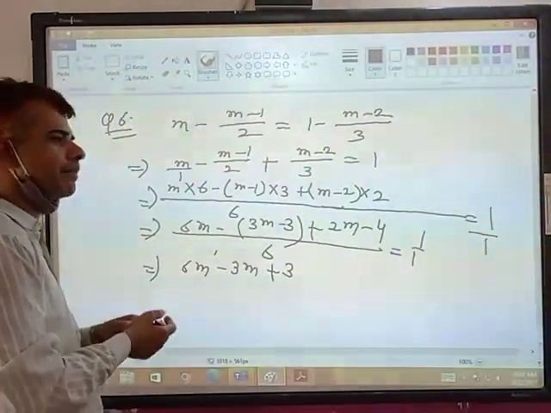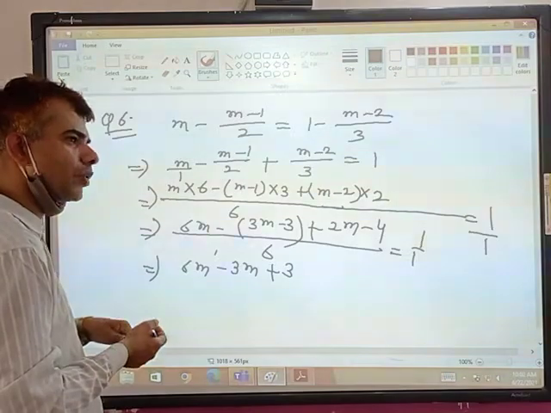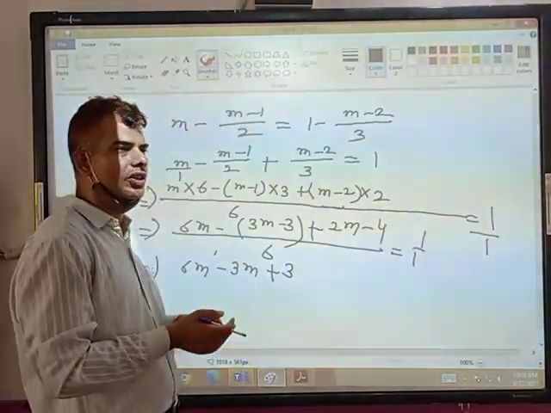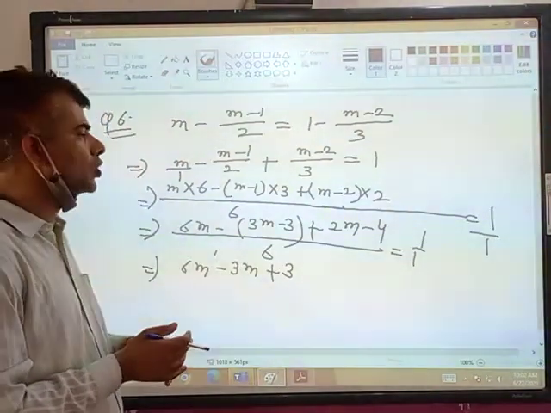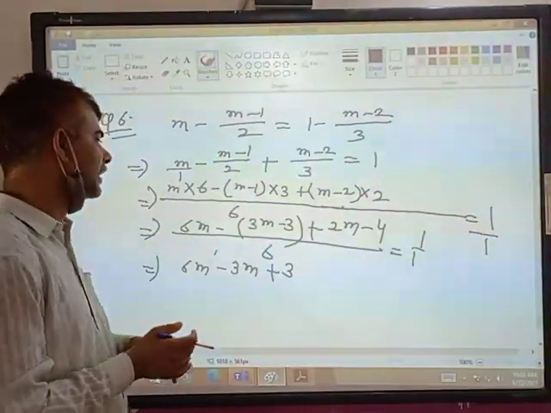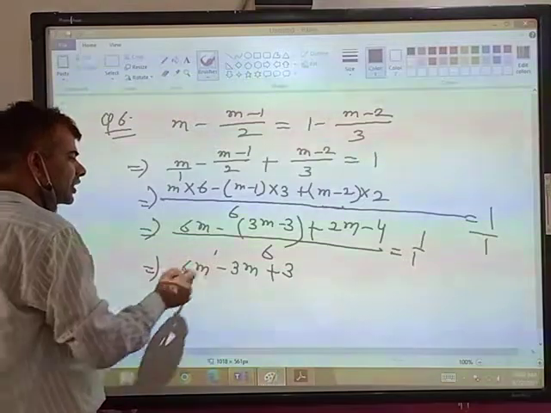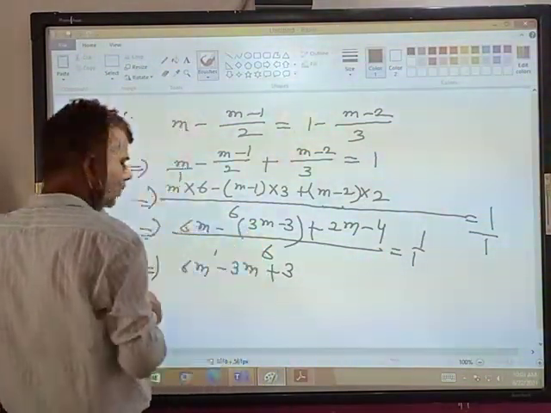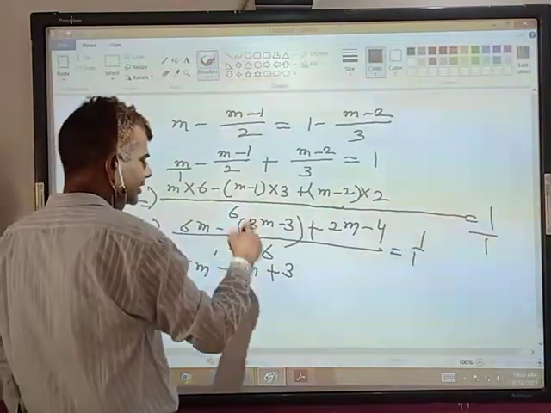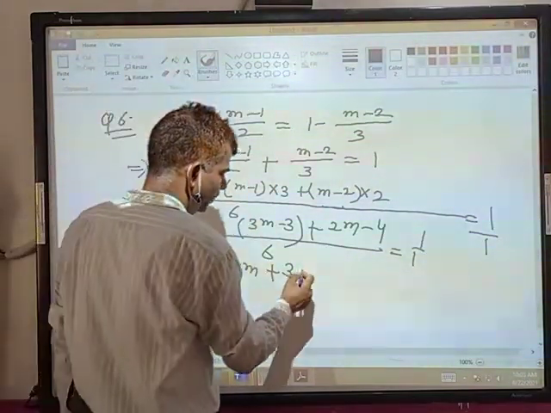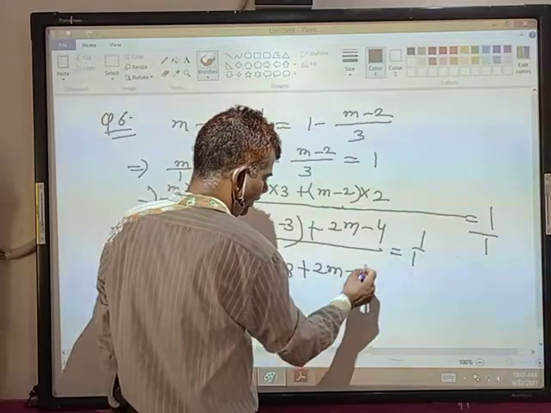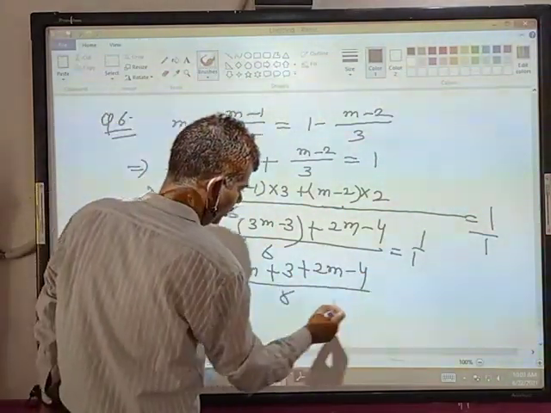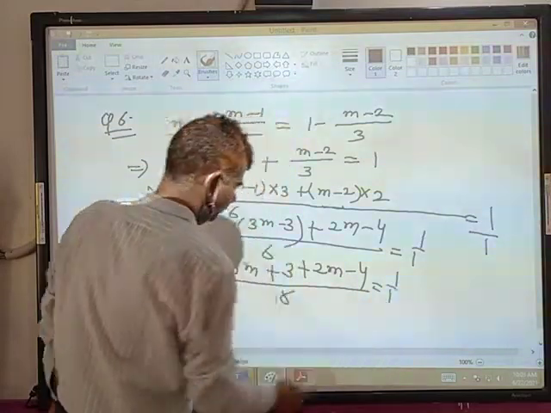Student, if there is a minus sign before the bracket, then all the signs in the bracket will be changed. Plus sign changes into minus sign, minus sign changes into plus sign. Student, plus 3m changes into minus 3m and minus 3 changes into plus 3. That is plus 2m minus 4, divided by 6, equal to 1 by 1.